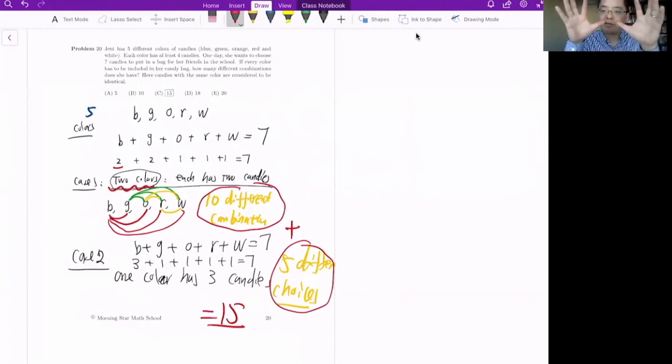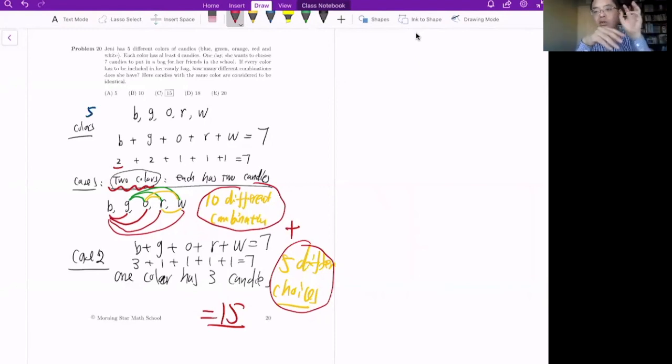All right, so let me repeat. Here we have 5 different colors, and we want to select to make 7 candies, and each color has to be present. Which means we have 2 situations. Situation 1: I need to choose 2 colors such that each color has 2 candies. So that will be 2 candies, 4 candies, plus the remaining 3. So 2 plus 2 plus 3, that's 7.